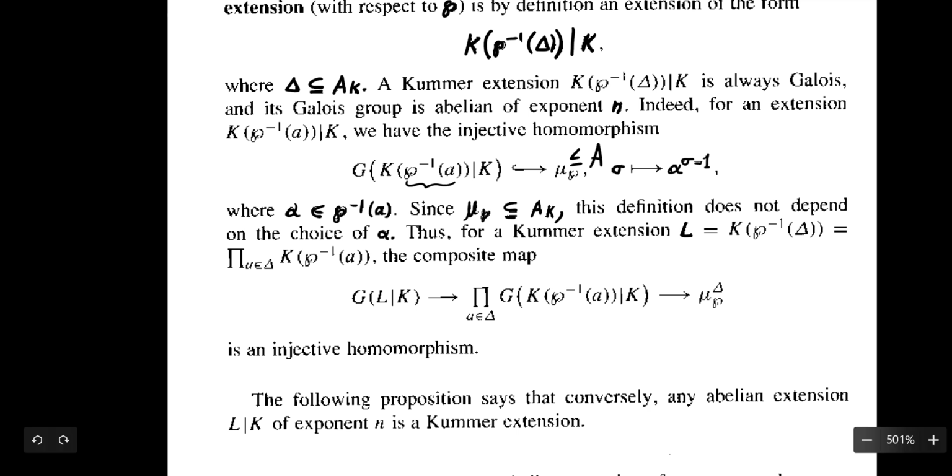Thus, for a Kummer extension, the composite map is an injective homomorphism.